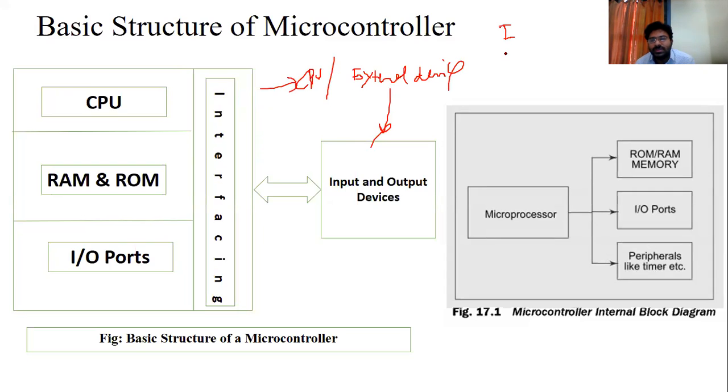So what is an interrupt? Suppose you are connecting 2 or 3 devices to the microcontroller. The best example for an interrupt is a printer. Suppose you print 100 pages, and it prints up to 50 pages.